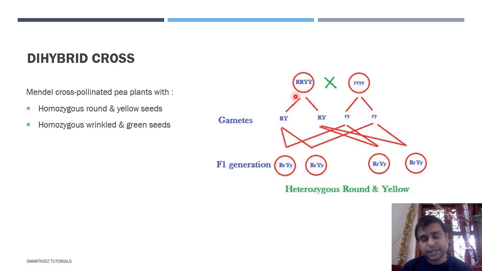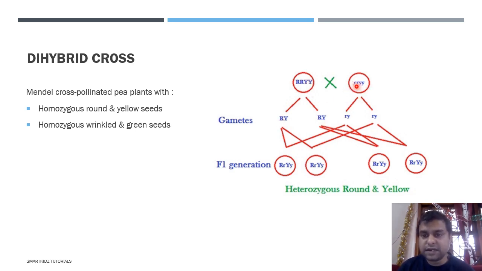When it comes to segregation, we have two different characteristics that we are comparing. So we have a capital R for round seed and a capital Y for yellow seeds segregating together. Then we have capital R and capital Y once again segregating. Because there are two R's and two Y's, one R and one Y comes here, one R and one Y comes here.